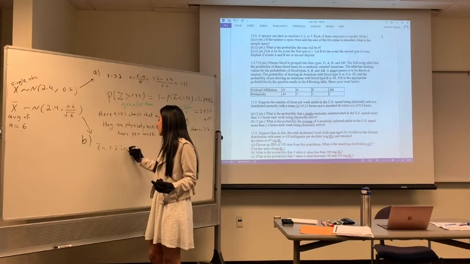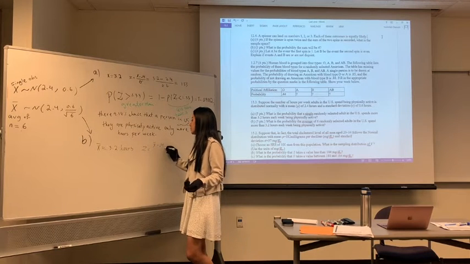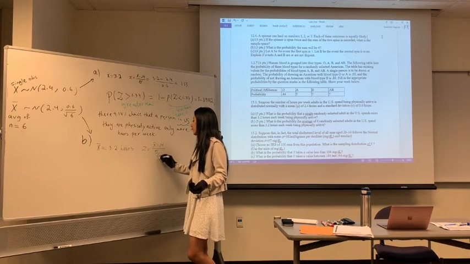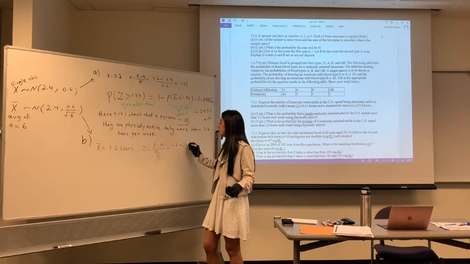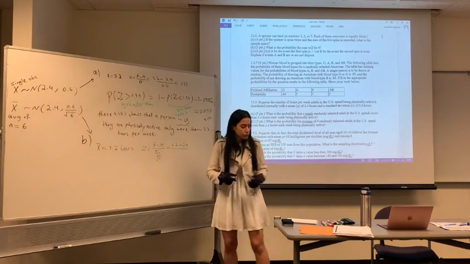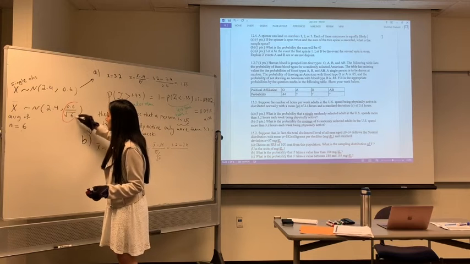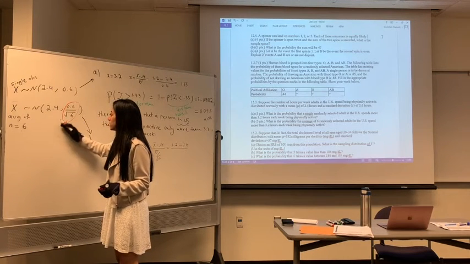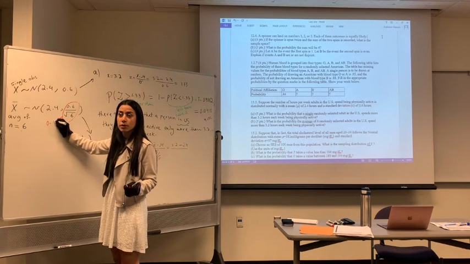Now Z value is X bar minus mu divided by sigma over square root of n. Am I right? 3.2 minus 2.4 divided by, what is sigma over square root of n? Do you remember? I said calculate this because I know lots of time you will have a mistake. So what is this one? 0.24.